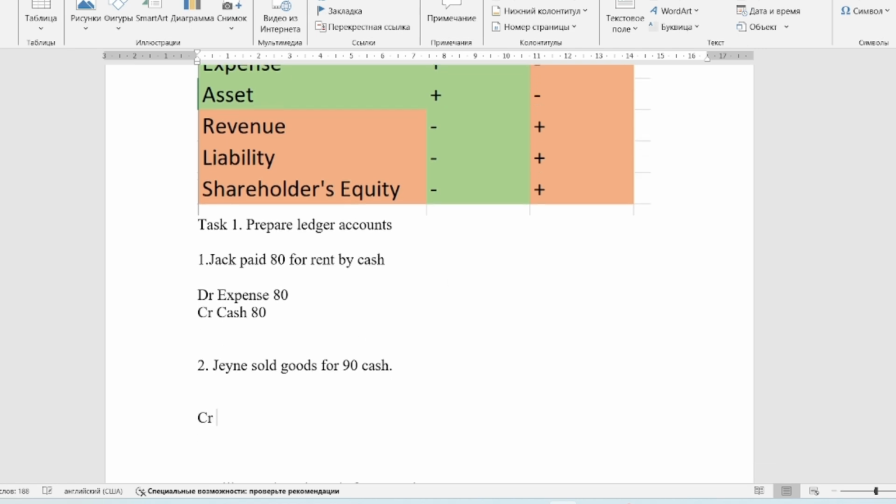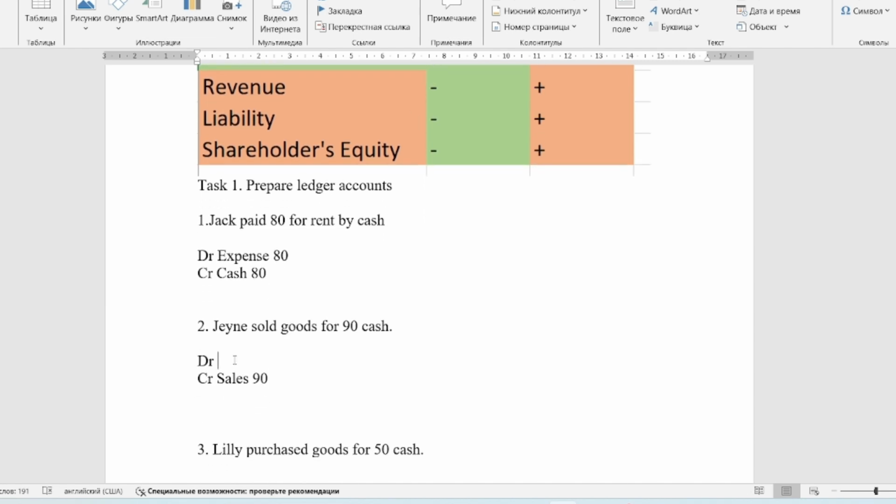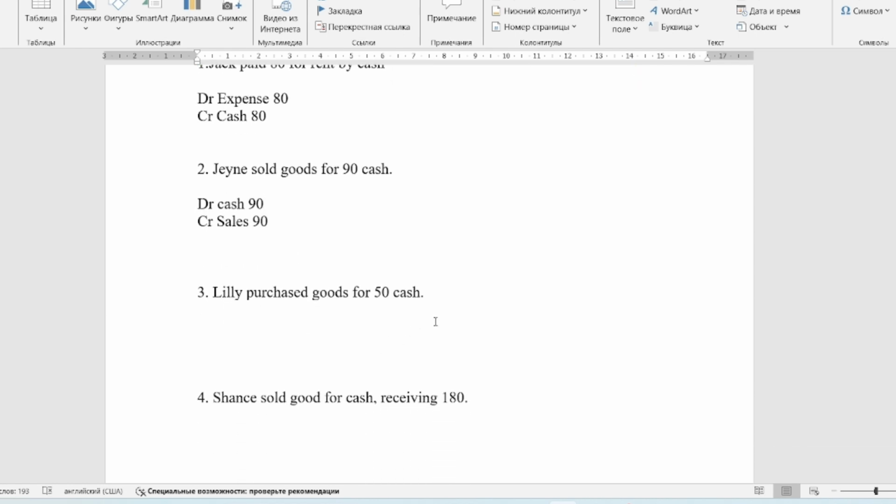Let's write it. And our other effect is cash. As we mentioned above, cash is included in assets, and now we have an increase in assets, which means it should be written on the debit side. Cash. If we think logically, when we sell things, our cash will increase.